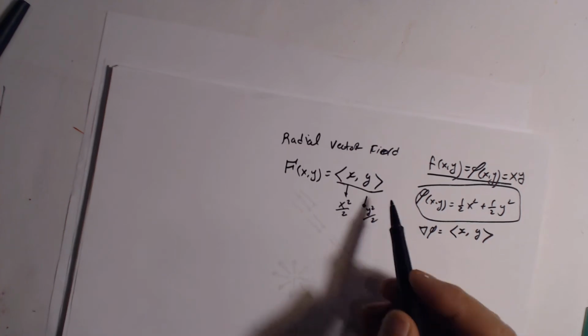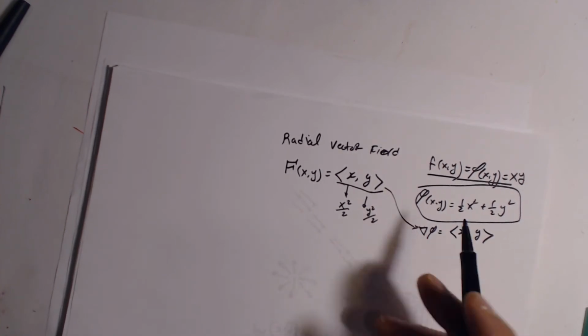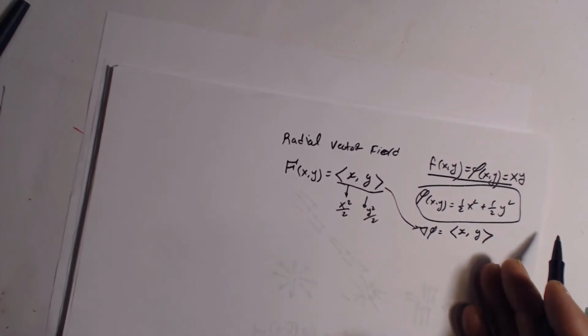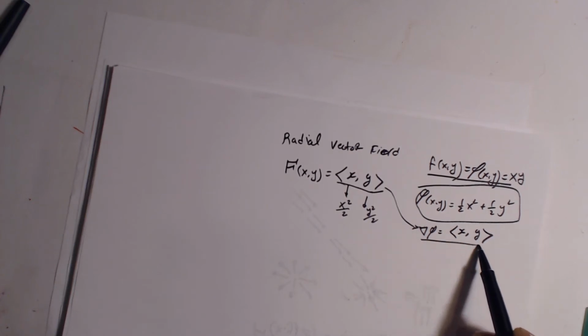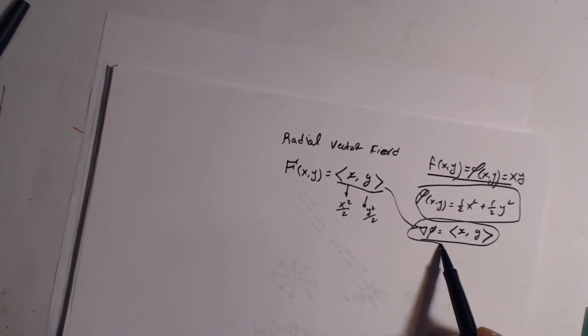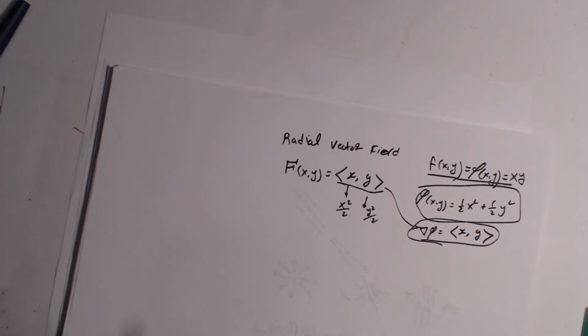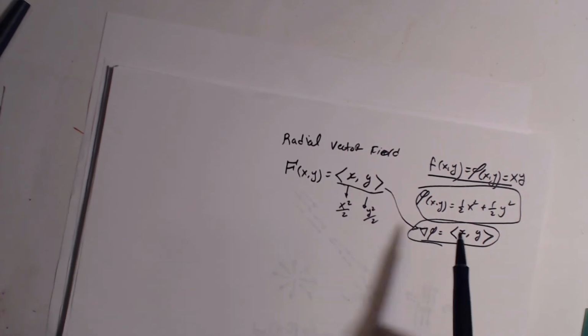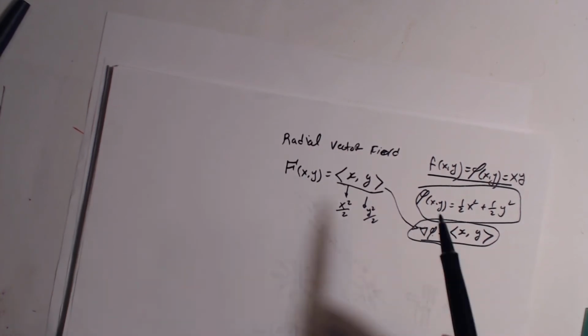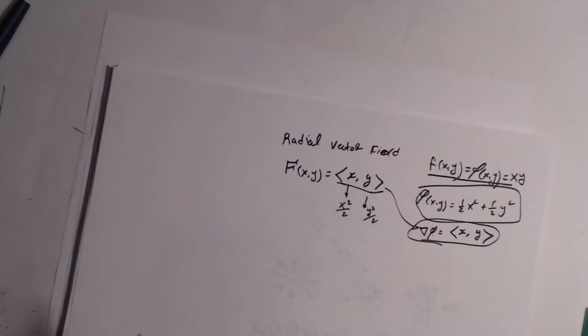Oh, that vector field is just like this gradient. Therefore, you can call this gradient a vector field. And what kind of a vector field is it? A conservative one.